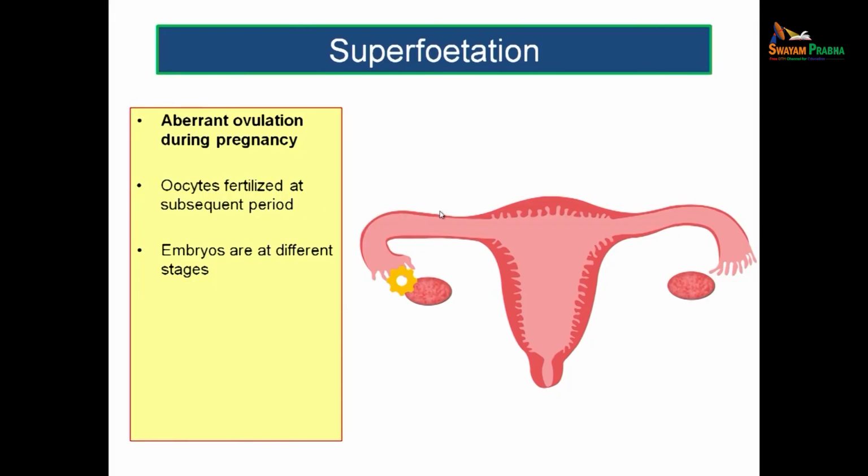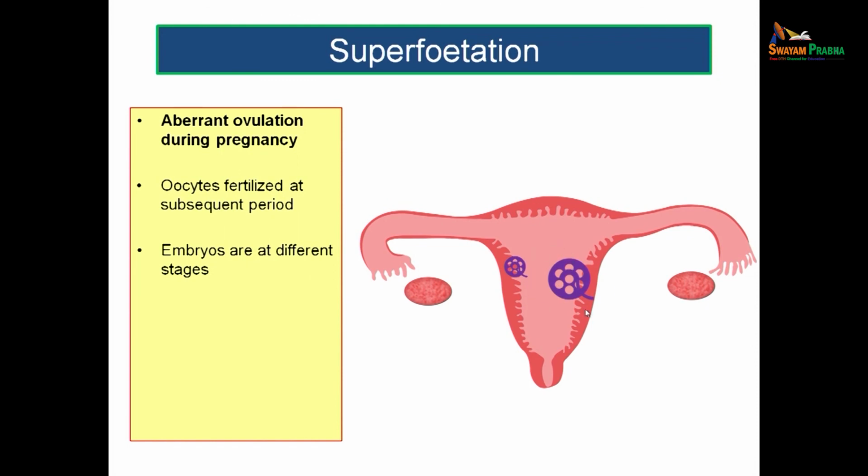So, what will happen? You already have one ovum which is released during the ovulatory cycle, and that will be normally fertilized by one sperm, and you will be getting the zygote formed which is getting implanted in the uterine cavity. Simultaneously, in the second month, the ovum will be again released, and this oocyte will be fertilized by another sperm and you will be getting another zygote formed. So, this will be implanted after the first zygote.